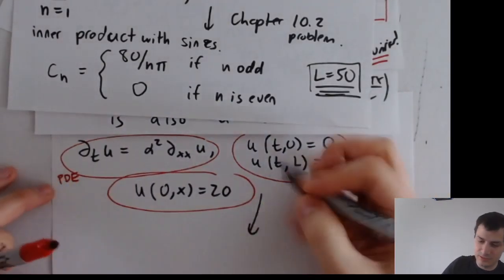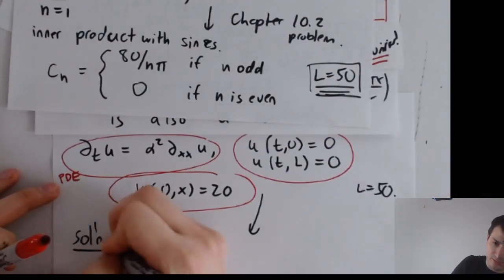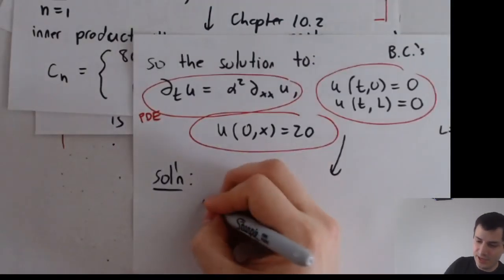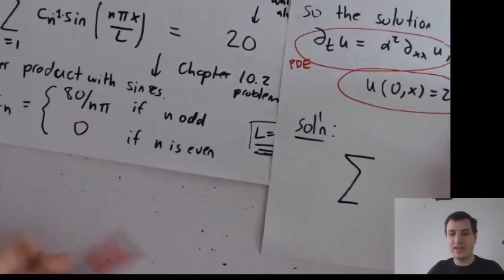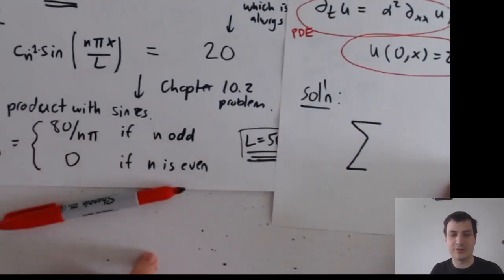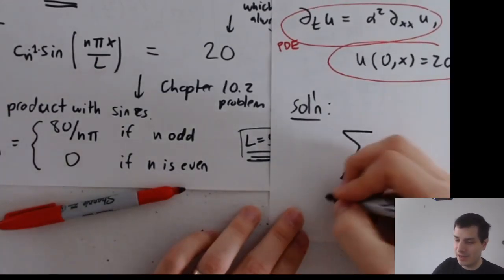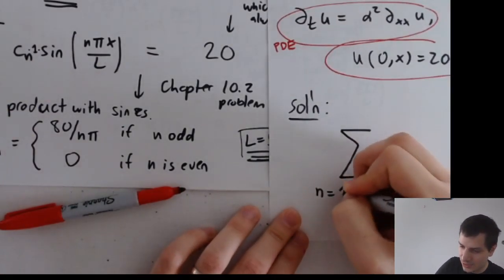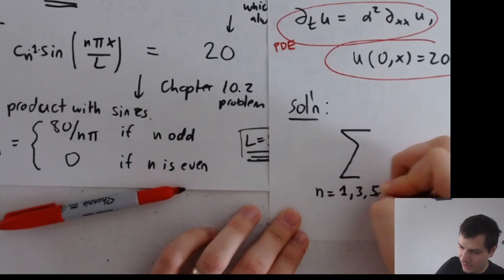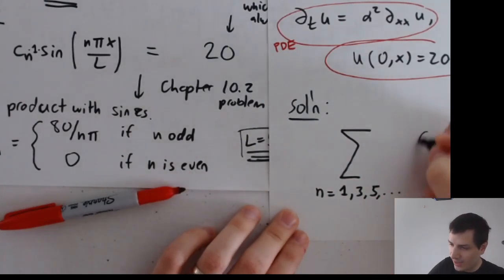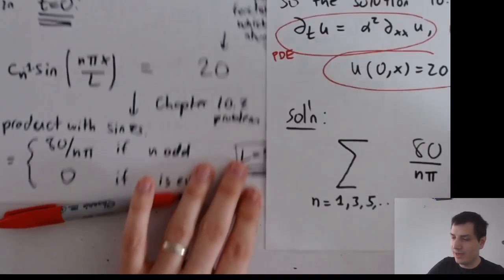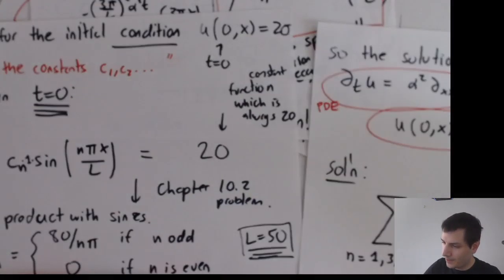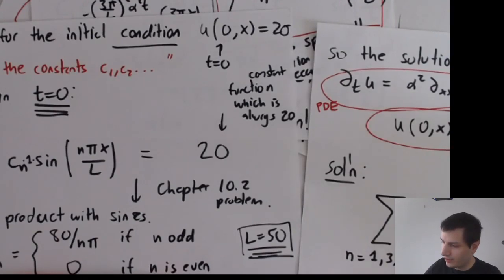It is the sum. It's one of these sums where you only sum up the odd terms. There's more than one way to write it, but why don't we write it like this: n equals 1, 3, 5, and so on, of 80 over n pi times e to the minus n pi over L squared alpha squared t.